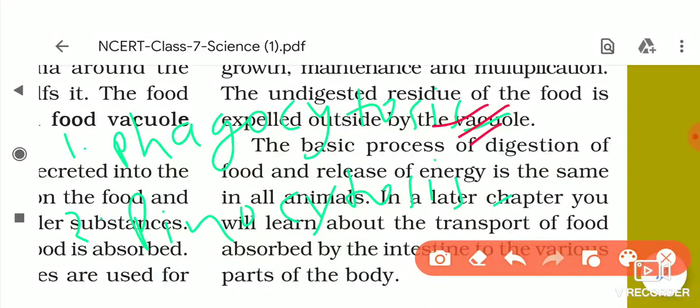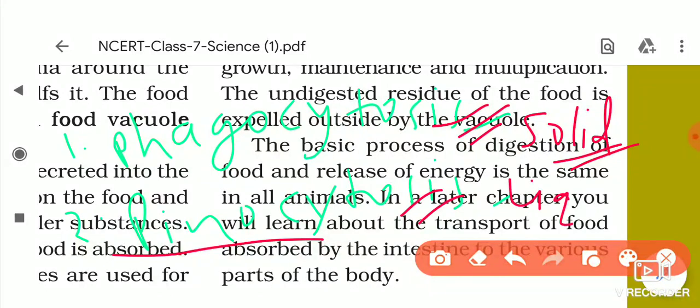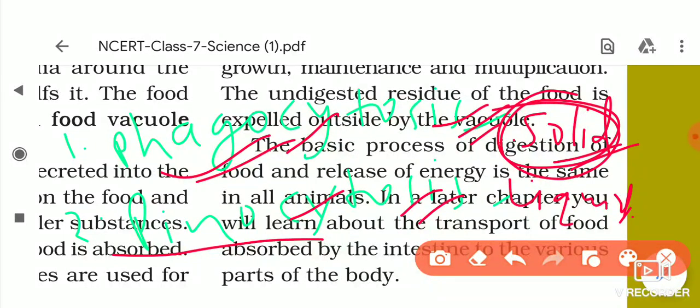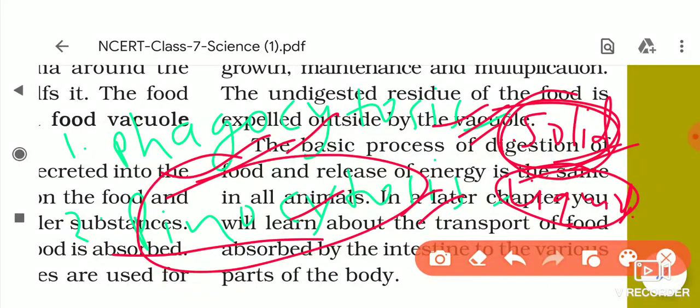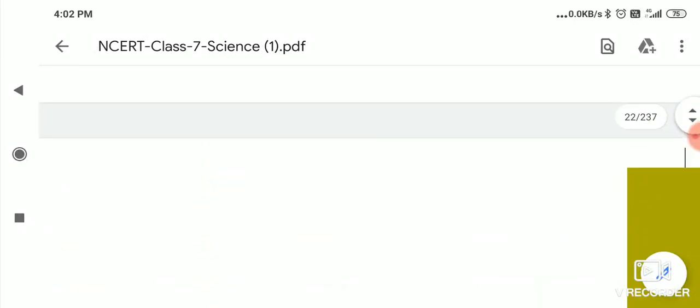In phagocytosis, amoeba takes in solid particles, but in pinocytosis, amoeba takes in liquid particles. So there are two processes. If the amoeba takes solid food, you can call it phagocytosis. If it takes in liquid particles, then it is called pinocytosis. Okay, now we have completed the chapter.